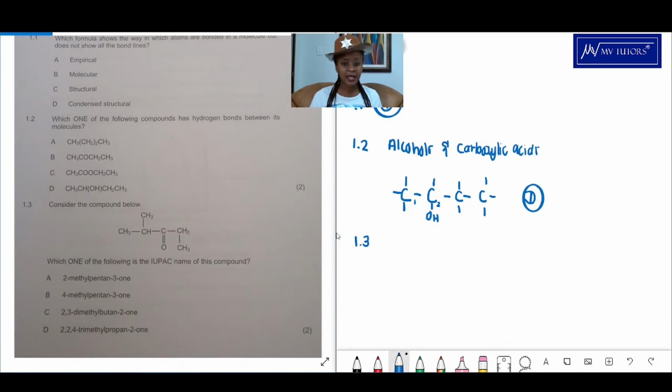So it would be 2-methyl, and then this is a ketone, so 2-methyl pent, no, pent 3. It's on the third carbon. So pent 3-one.